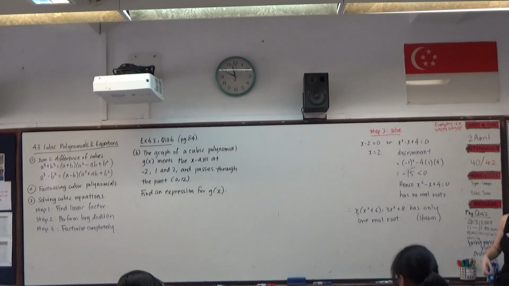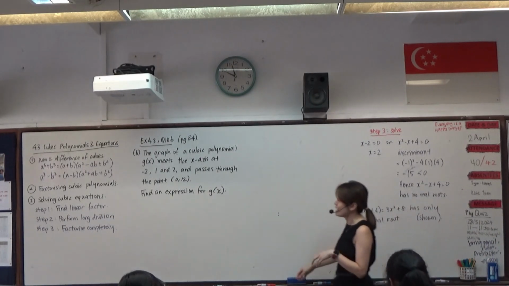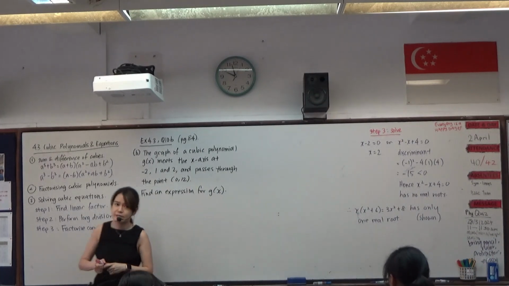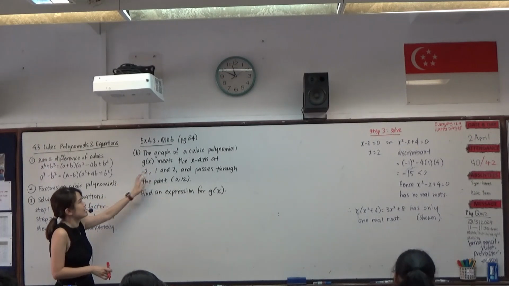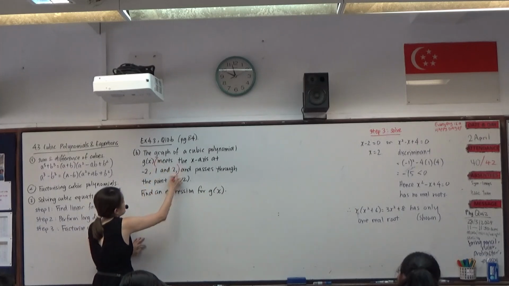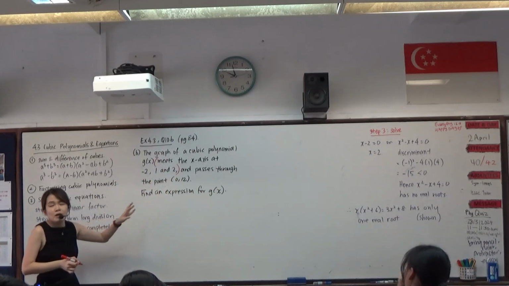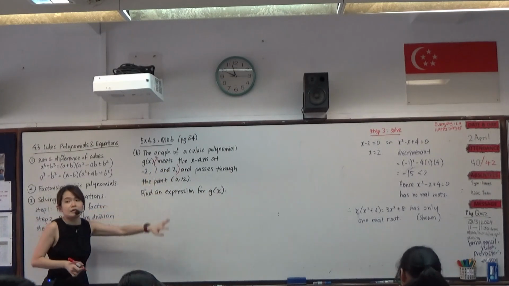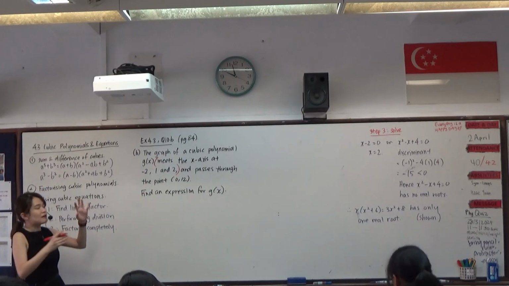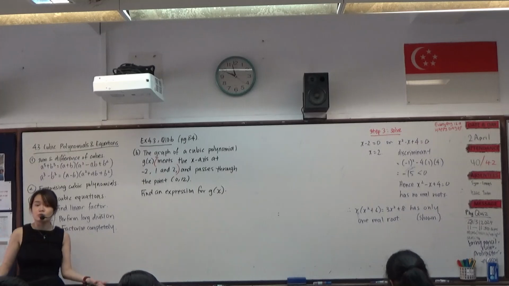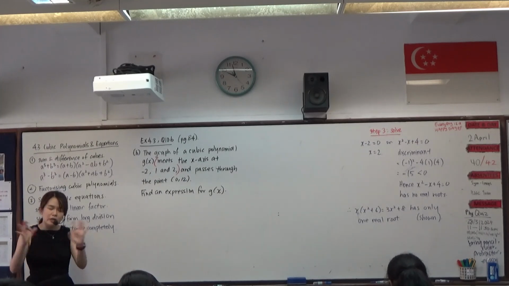That means that we need to break down this question to understand what it actually means. When we say that the cubic polynomial meets the x-axis at negative 2, 1, and 2, what can we say about these three values? They are considered what? On the graph itself. I never introduced the graph to you yet, so we're not going to talk about the graph.